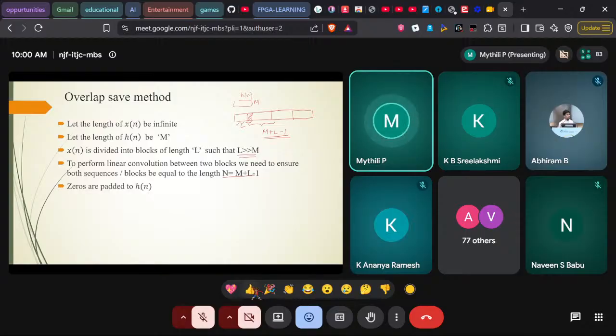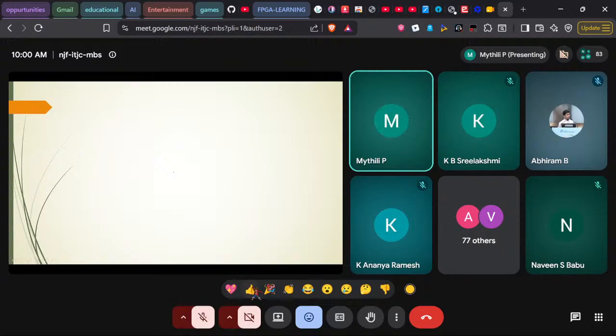For h of n, there is no previous block or next block, so only zeros are padded. In the case of x of n, M minus 1 values are taken from the previous block. They are not zeros. We are not padding zeros in overlap save method.